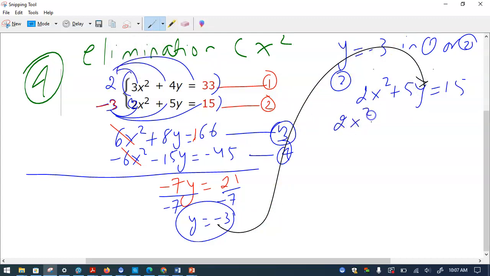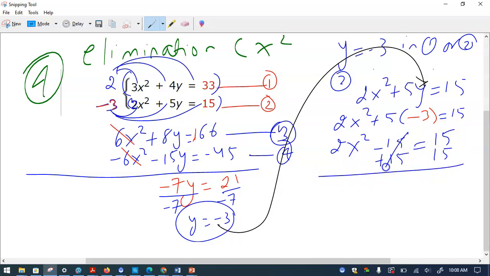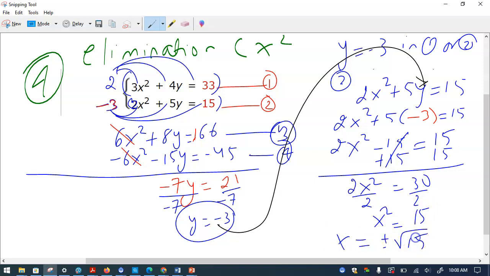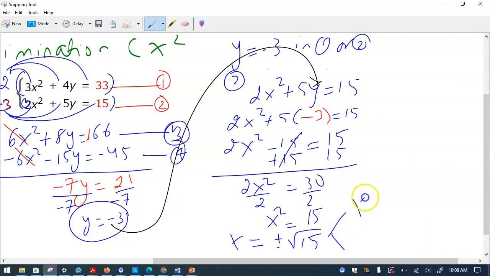So get 2x squared plus 5 times the substitution, which is minus 3, minus 15 equals 15. So the steps just flow, see. So we get 15, and then x equals plus minus square root of 15. In other words, there are two answers for x.